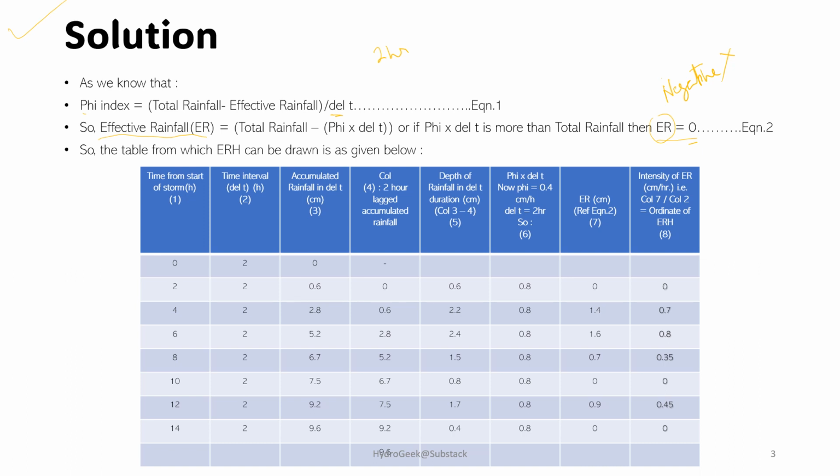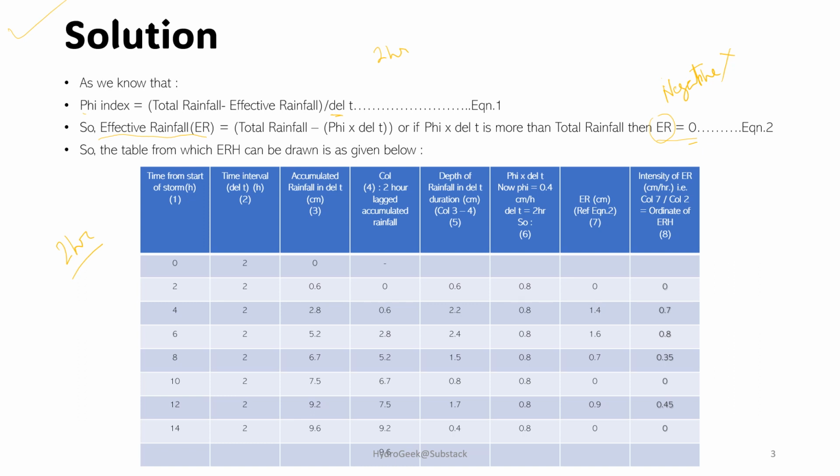So this is the duration of the storm from 0 to the 14th hour. The time interval, as you can easily see, is 0 to 2, 2 to 4, 4 to 6, so a 2 hour interval. The time interval between 2 points of the curve is 2 hours.